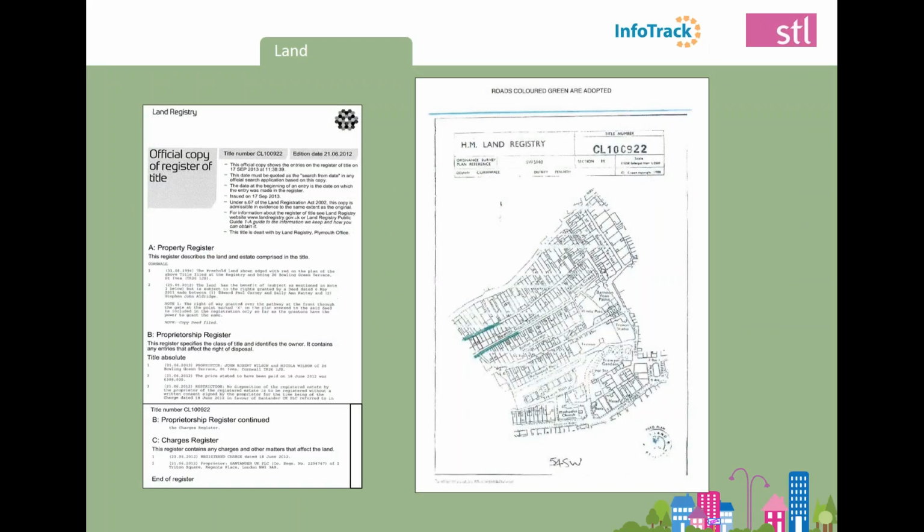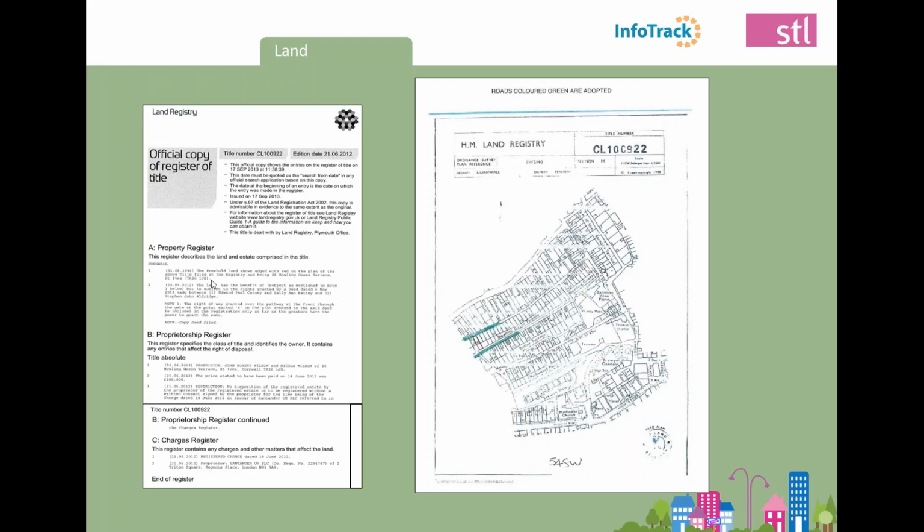If you have a registered property, then the information is held at Land Registry, and the information you can see there on the left-hand side is the official copy of the Register of Title. That's also known as an OC1 or an office copy. It's really the copy of the deeds to the property, which confirms the description. You can see there that it's a freehold property, for example.